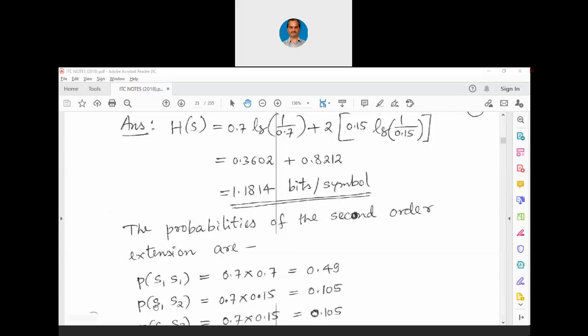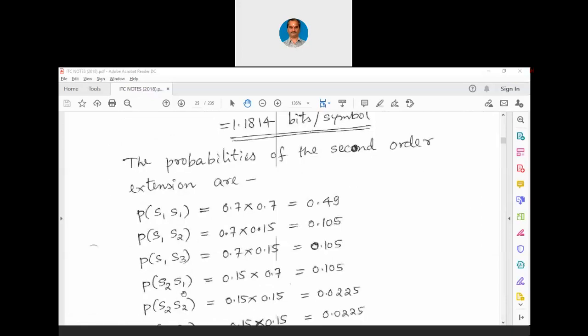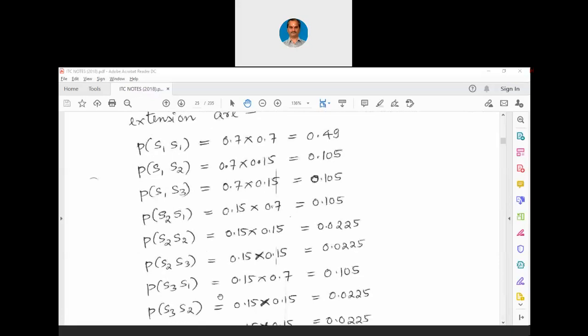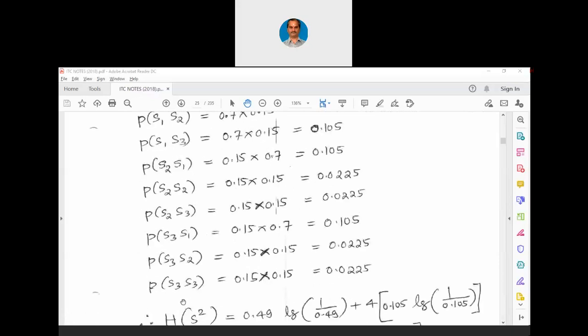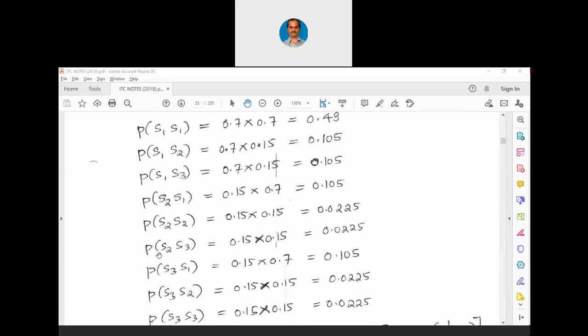Similarly, P of S1 S2, S1 S3, S2 S1, S2 S2, S2 S3, lastly S3 S1, S3 S2, S3 S3. This is the combination of the individual symbol with the other symbols. Now this is going to be the probability of all of them, because you know from your learning of probability and statistics that when there are two occurrences, the probability gets multiplied.